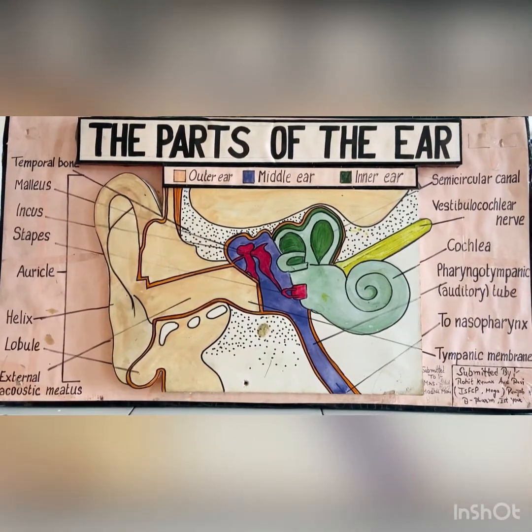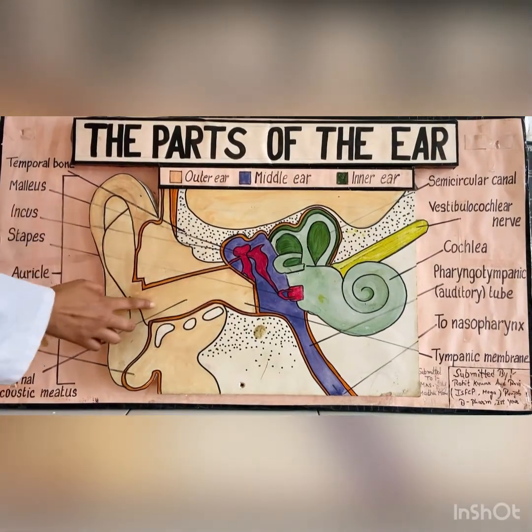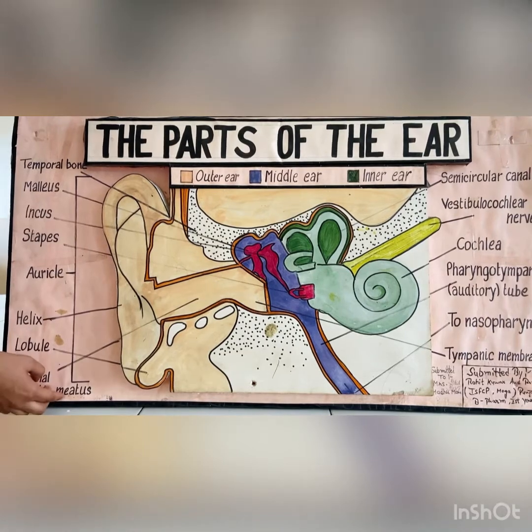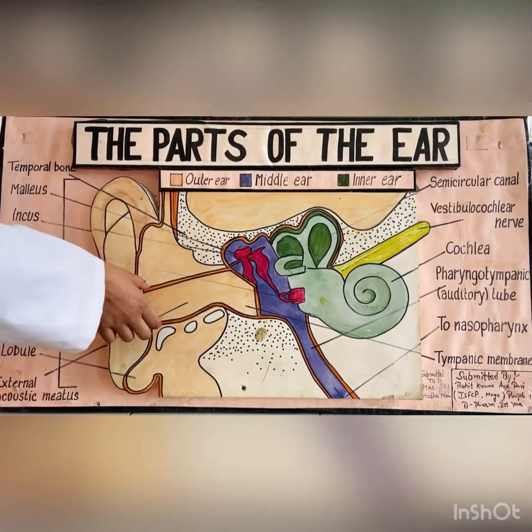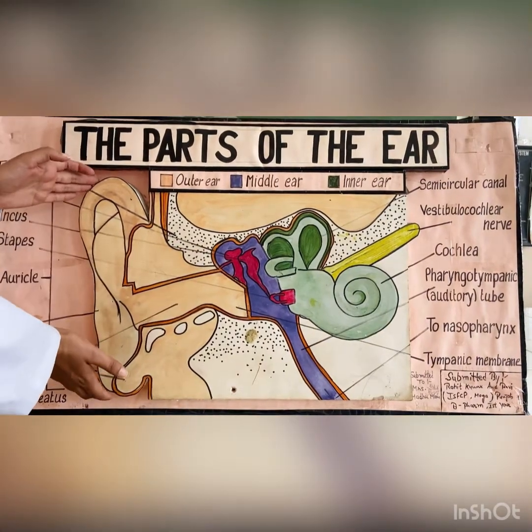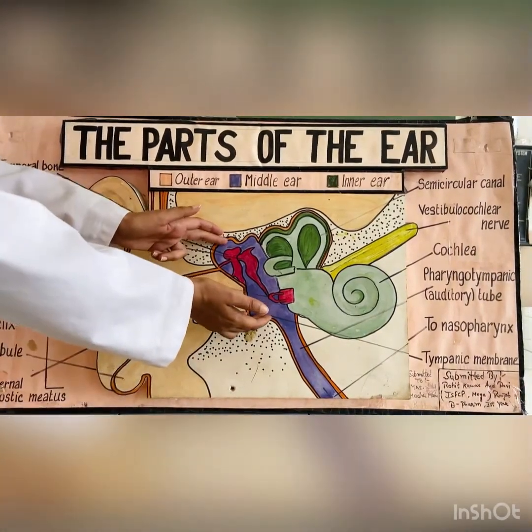The next part of the ear is the auditory canal, which is also known as the external acoustic meatus. This is the region which connects the outer ear to the middle ear.